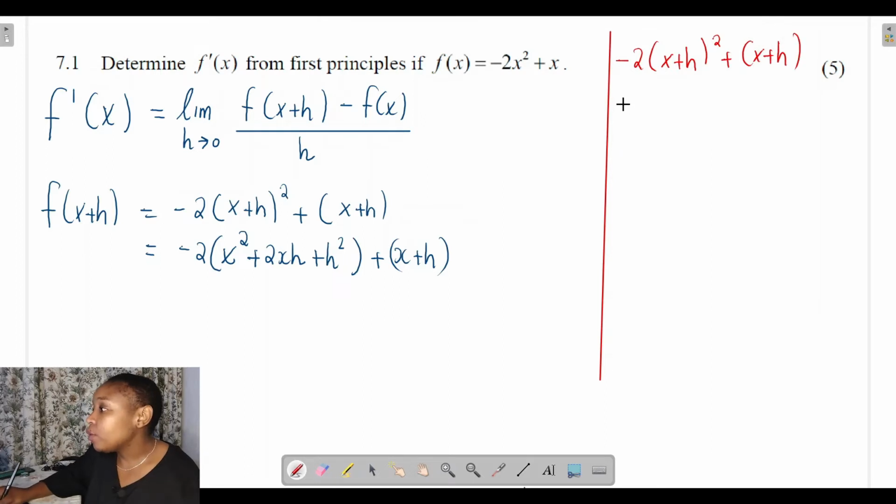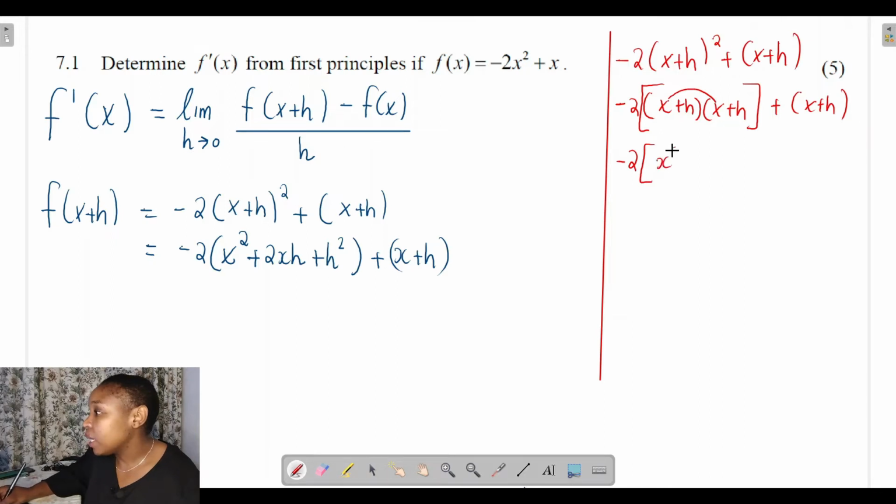Here, what we did, guys, is expand this bracket. There's a square there, so that means we're going to write our bracket out twice, plus x plus h. And then how do you simplify that? It's going to be minus 2. x multiplied by x is going to be x squared.